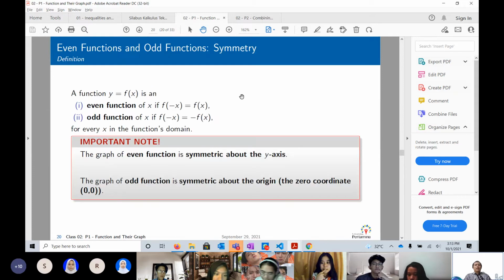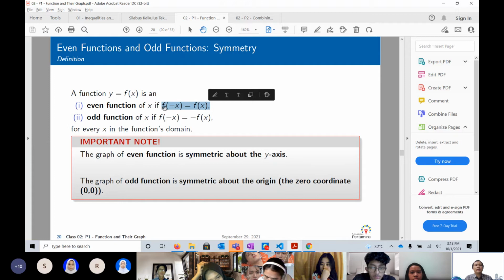Okay. Next part of this first part is even functions and odd functions and their relation to symmetry. What is an even function? Let's say we have a function y equals f of x. Then y equals f of x is an even function of x if f of minus x equals f of x.